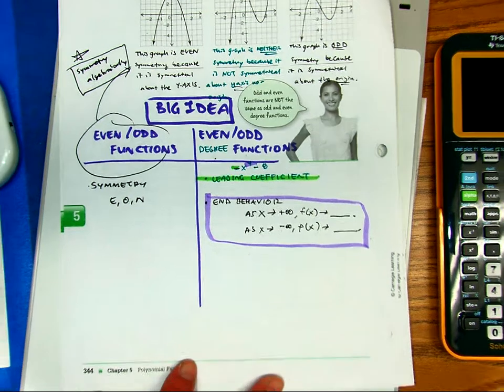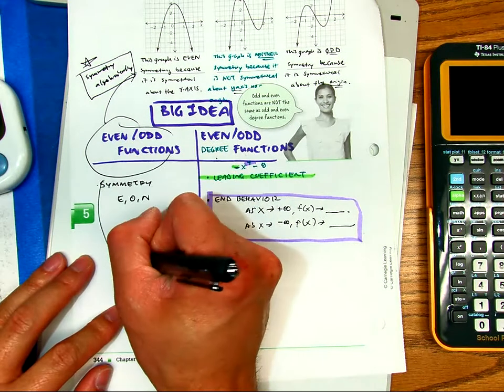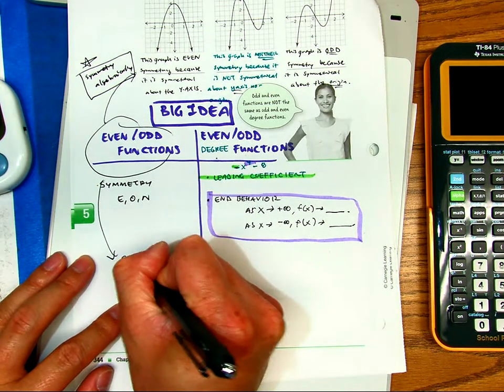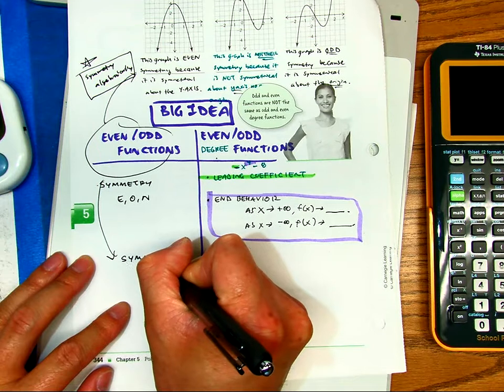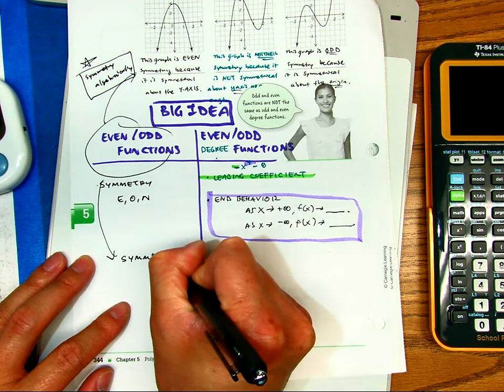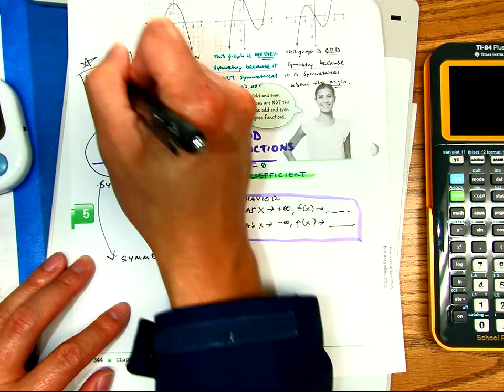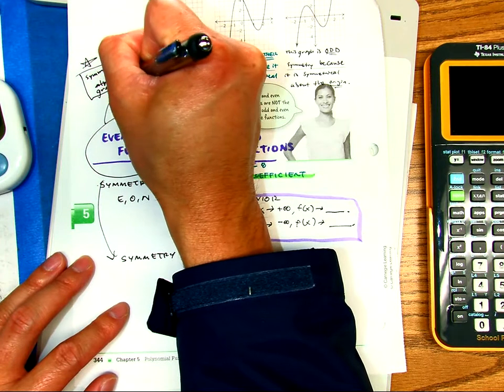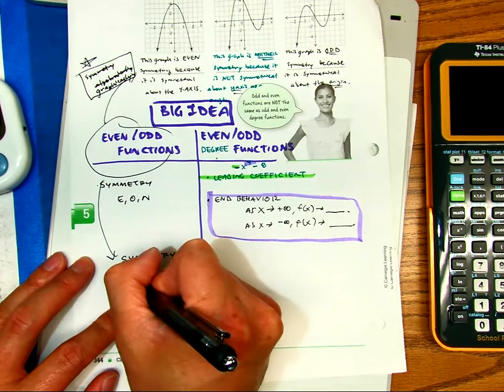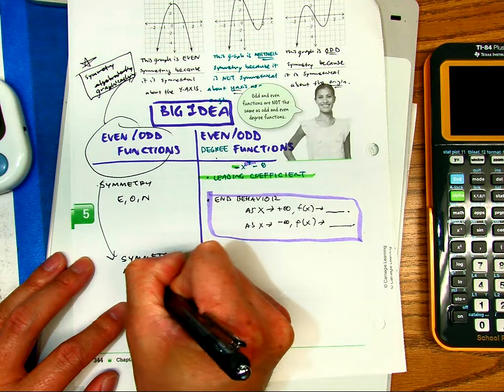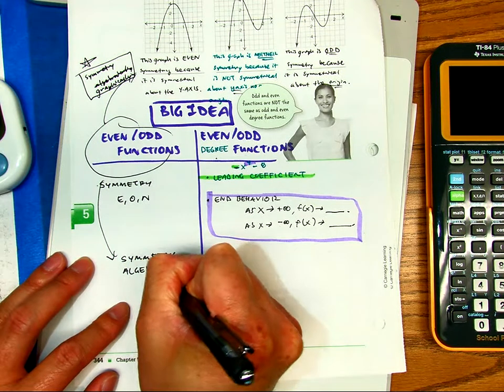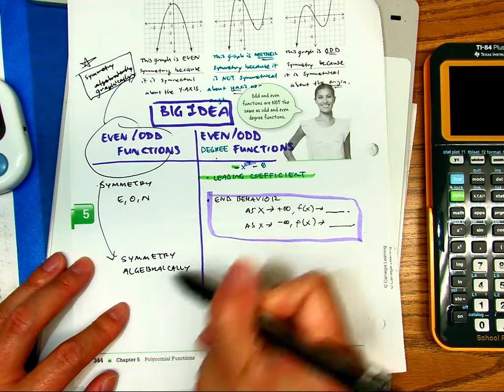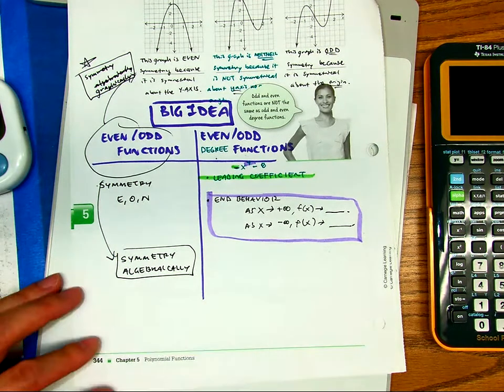And now we're going to find symmetry, sorry, that should be graphically. Come on, mister. And this one is symmetry algebraically. So this is new.